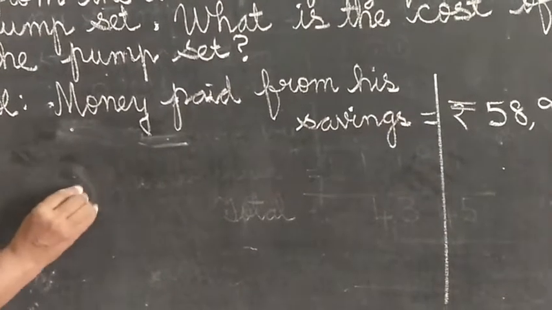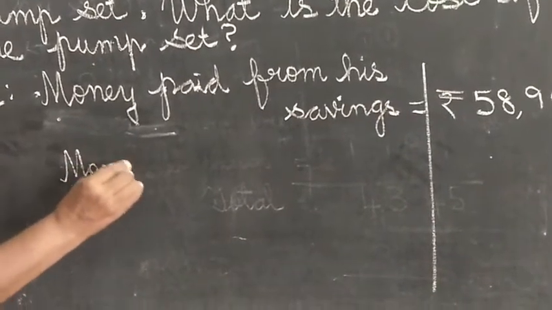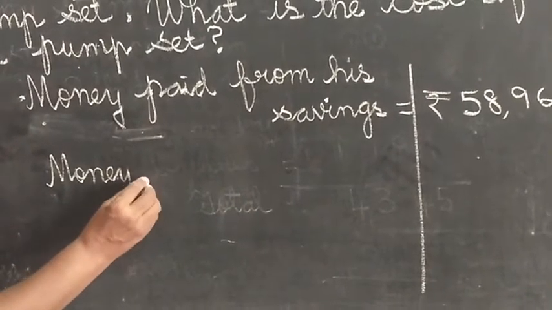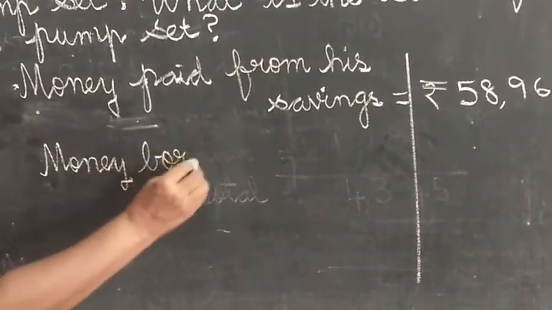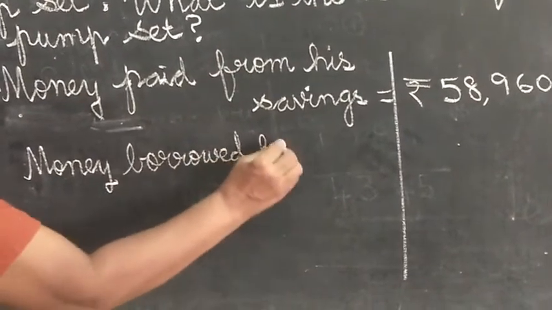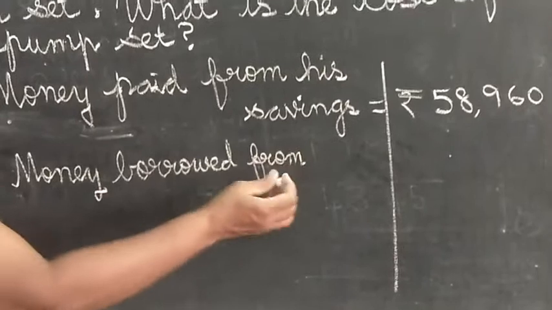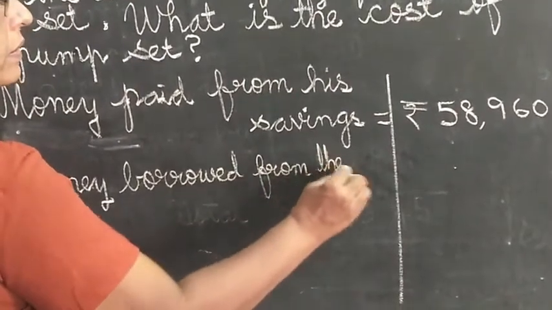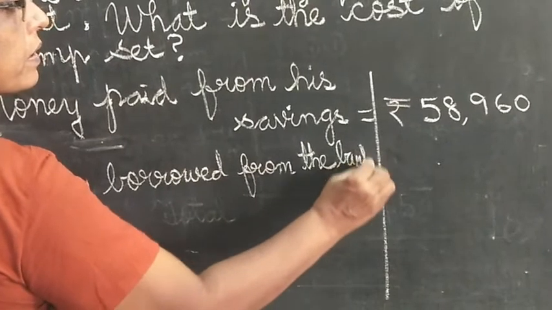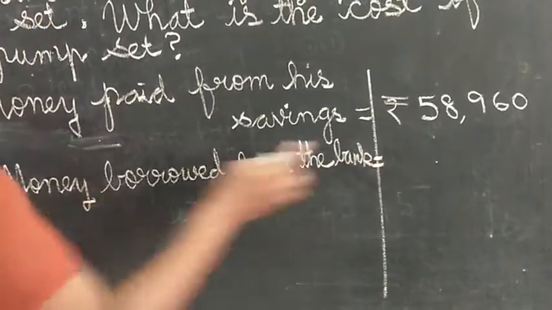Okay, so he borrowed from the bank. Money borrowed from the bank. So from the bank, how much he borrowed?